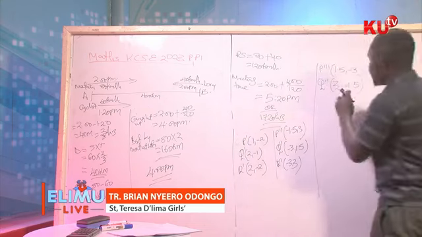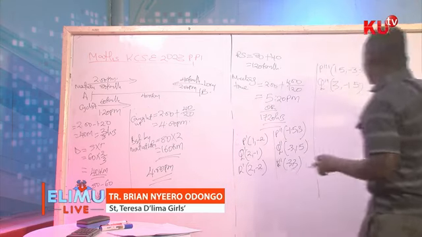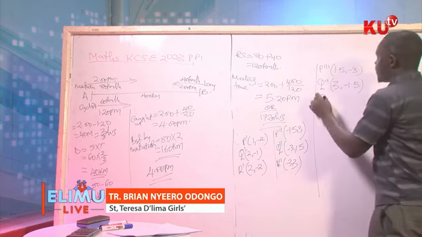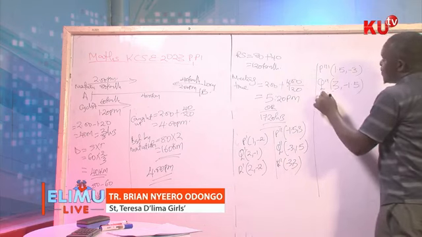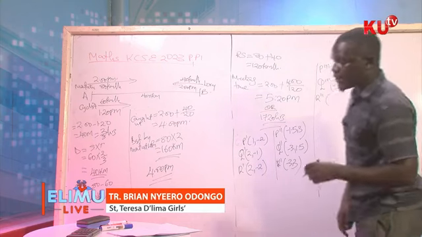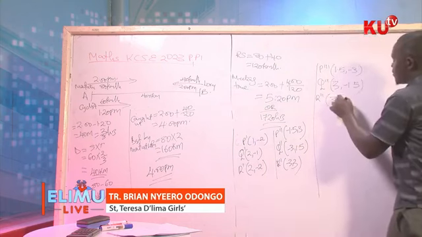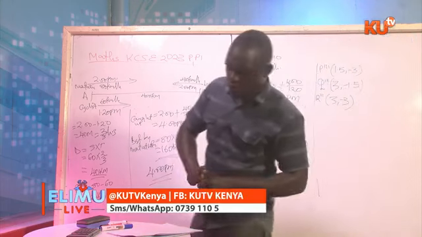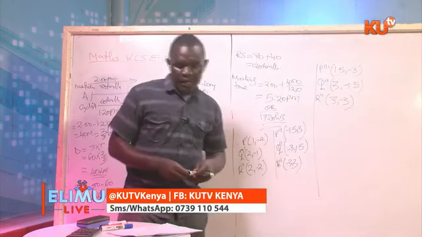Then with R triple prime, you'll be able to get 3 comma negative 3. So make sure you are able to do that.